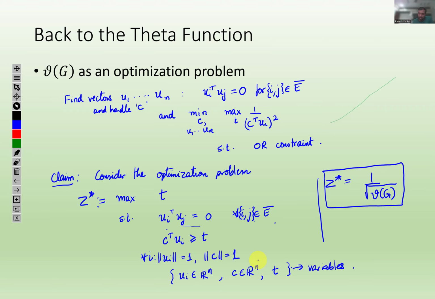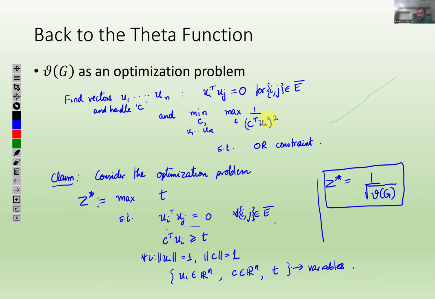Notice that the theta function objective here is maximum over i of 1 over C transpose ui squared. That means that if every C transpose ui is greater than or equal to T, then what is this value? This looks like 1 over T squared, right?